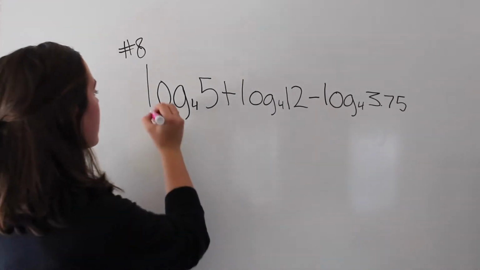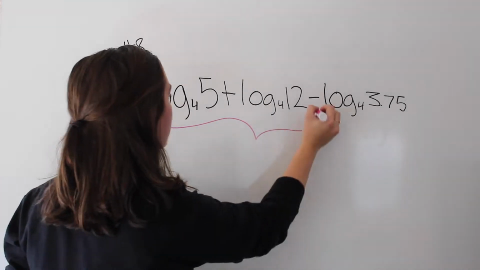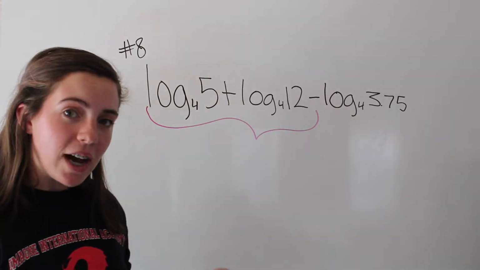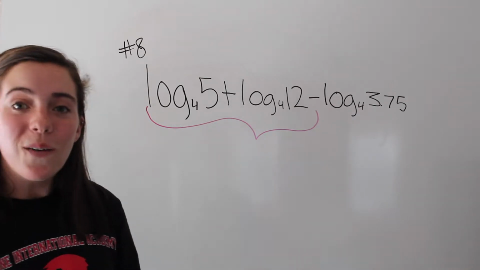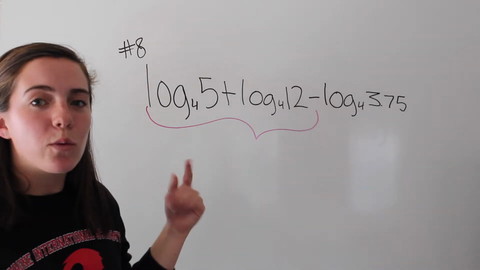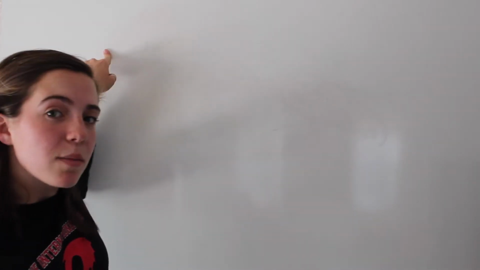First, let's look at this. Log base 4 of 5 plus log base 4 of 12. We're going to break it down. So, let's look at a logarithmic rule. For the rest of the video, I'm going to have the problem written up a little smaller at the top.